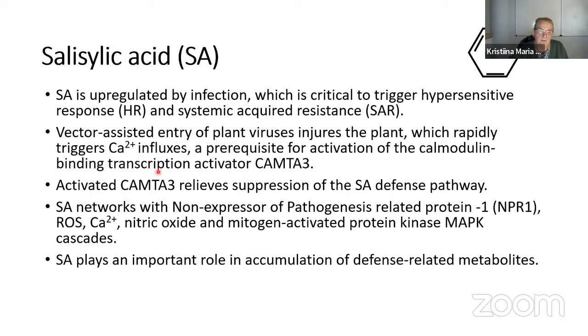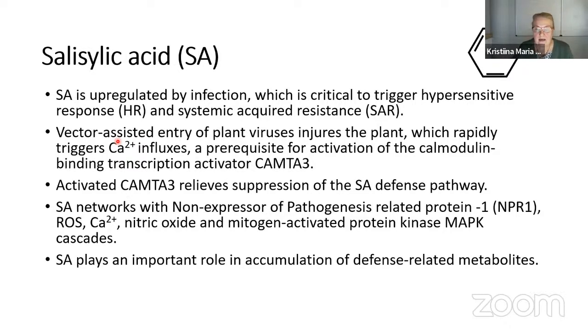We also know that when, for example, the viruses are coming into the plant cells, there is injury on the plant cell wall and plant membrane, because the insects that are transmitting the viruses break the cell wall and plasma membrane, which triggers calcium influxes, and there is calmodulin binding transcription activator CAMTA3, which gets activated, and this activated CAMTA3 relieves suppression of the salicylic acid defense pathways.